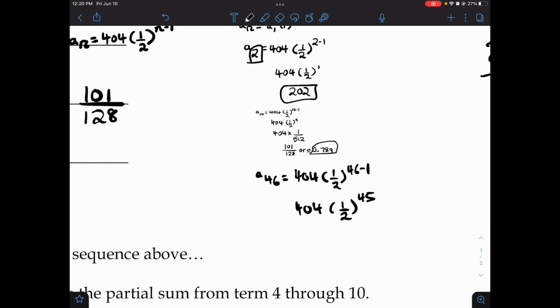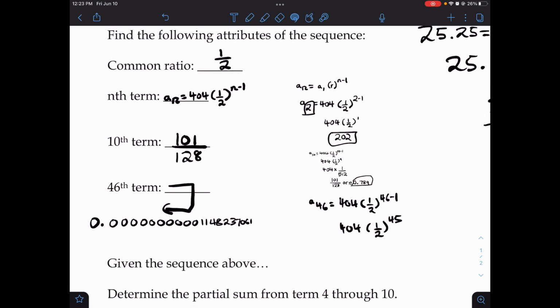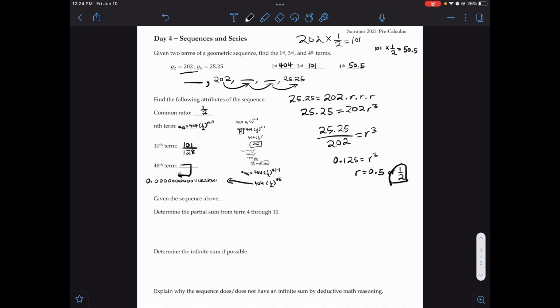Give me a second to plug this in. Okay, so it took me a little time because my calculator gave me an answer in scientific notation, but that is what this right here is equal to. So that's our 46th term.